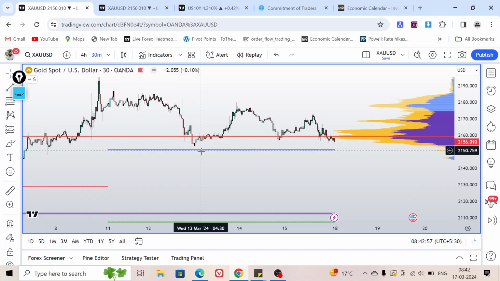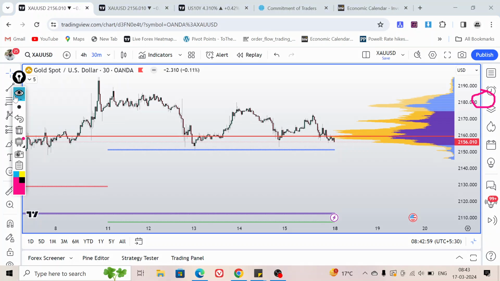We already discussed this level in the Telegram channel, and after testing this weekly pivot, we have seen that bulls defended the previous week pivot. Again the price pulled back to the higher side, then retested again, and again tried to test this level, but bulls defended this level very aggressively.